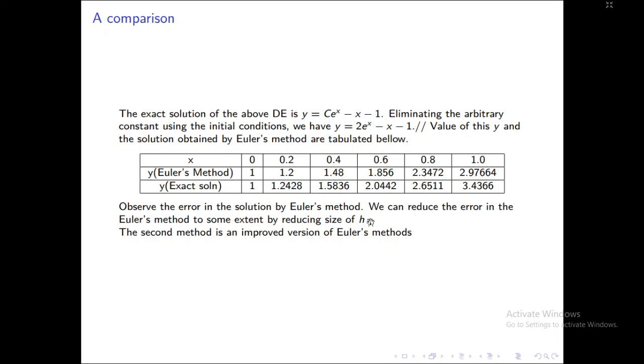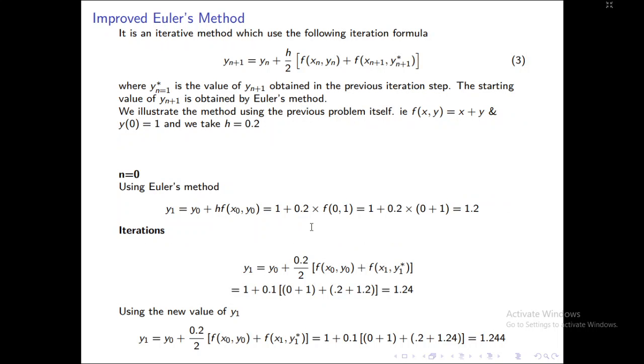Anyhow, here it's very obvious that Euler's method is not an efficient method. So we improve Euler's method, and that method is known as the improved Euler's method, and it uses the formula y n plus 1 is equal to y n plus h by 2 into f of x n, y n plus f of x n plus 1, y n plus 1 star.